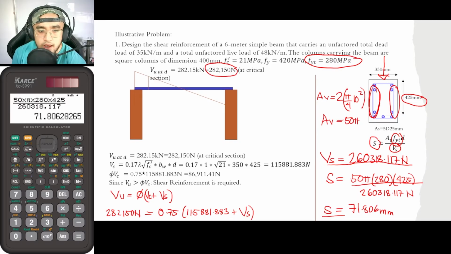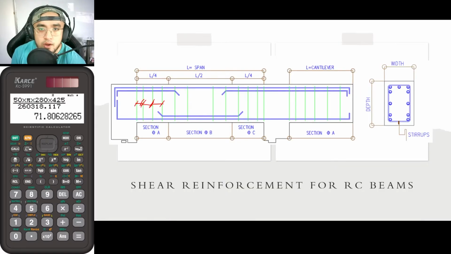So meaning, in our structural plan, at the first region, let's say that this is D, just for pretend, our spacing here must be S equal to 71.806 millimeters.